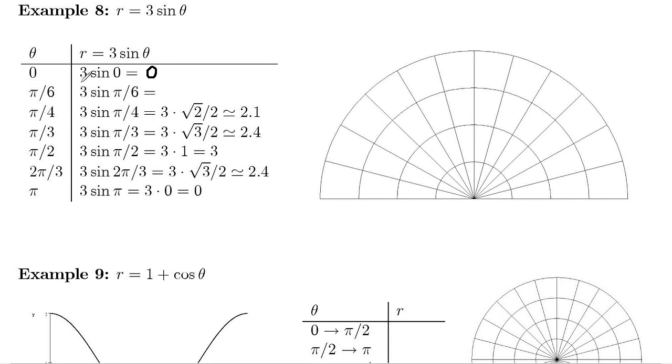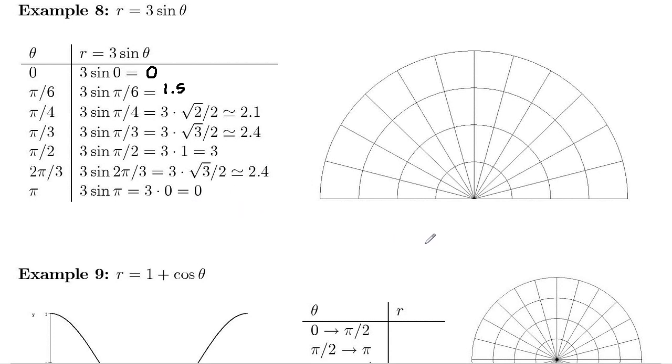Pi over 6: 3 times sine pi over 6, and sine pi over 6 is 1/2, so this is 1.5. Then you keep doing that. Sine pi over 4 is root 2 over 2, and we get about 2.1 for our radius there, then 2.4, then 3, and back to radius 0 at pi.